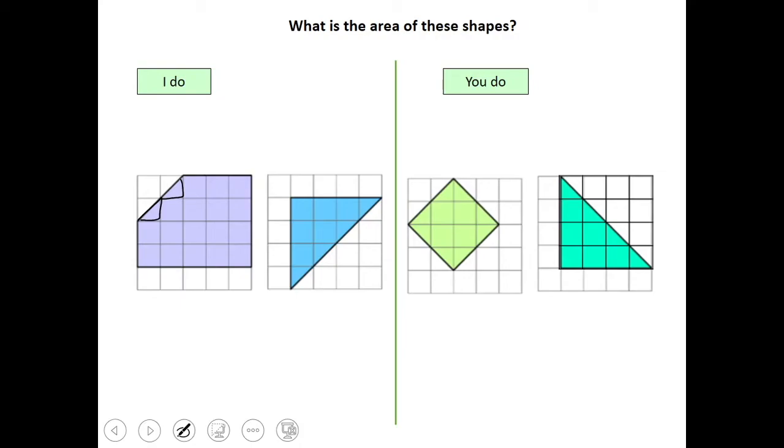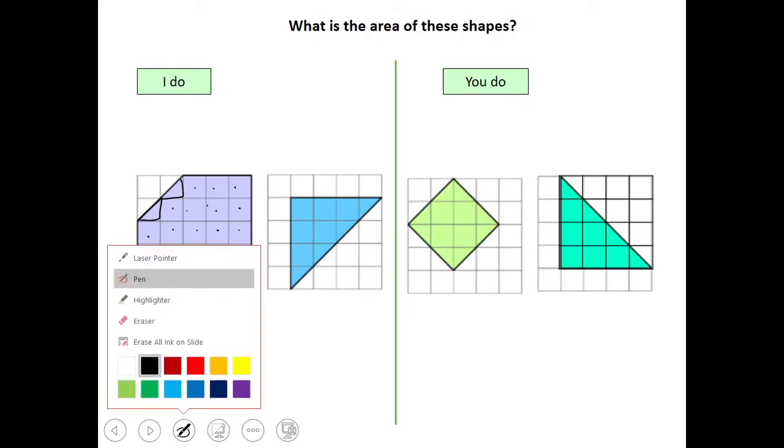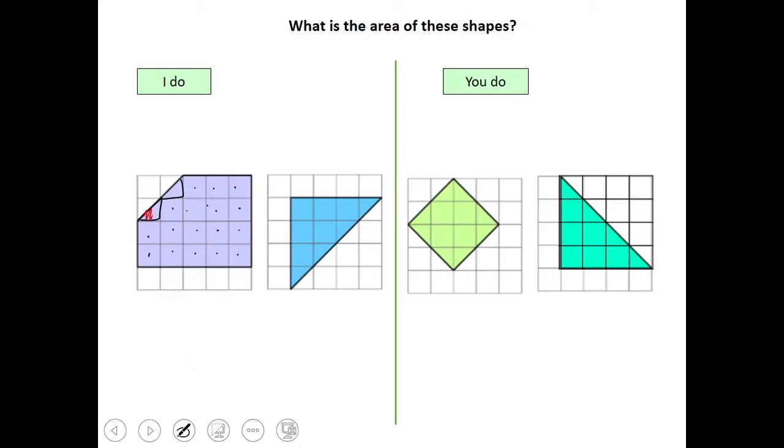So we're going to count the complete squares first. So we've got 1, 2, 3, 4, 5, 6, 7, 8, 9, 10, 11, 12, 13, 14, 15, 16, 17. If I were to write 17 centimeters squared, I'd be getting it wrong, because I haven't included these little areas we've got here.